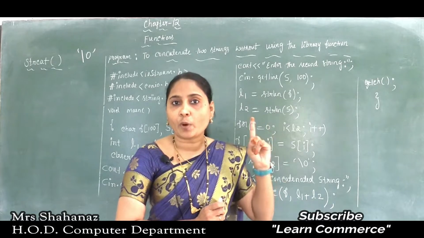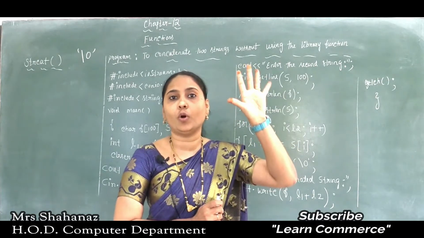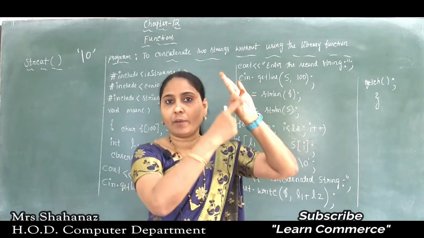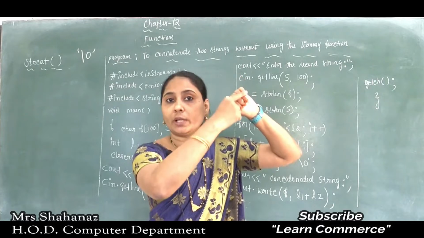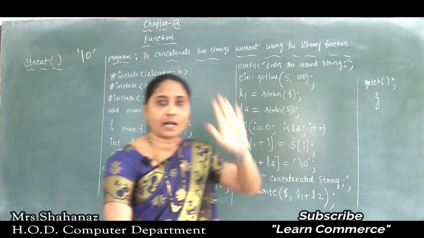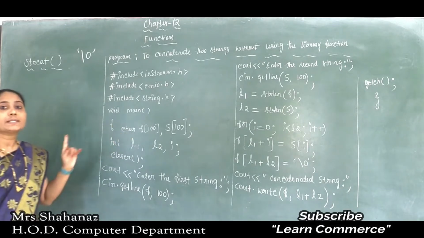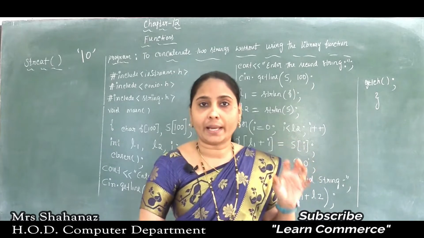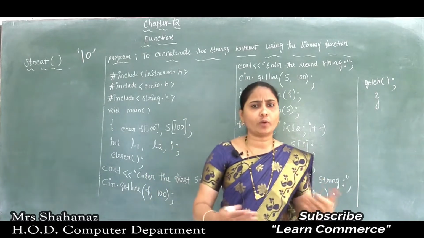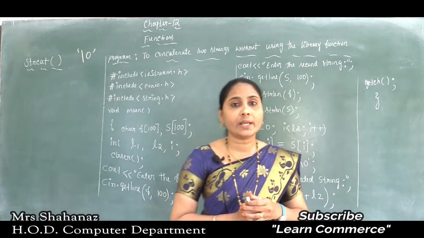For H-E-L-L-O, H is 1 byte, E 1 byte, L 1 byte, and again L 1 byte, so it contains 5 bytes, and the \0 is also added, so totally it contains 6 bytes. This is just the important note about our string function.